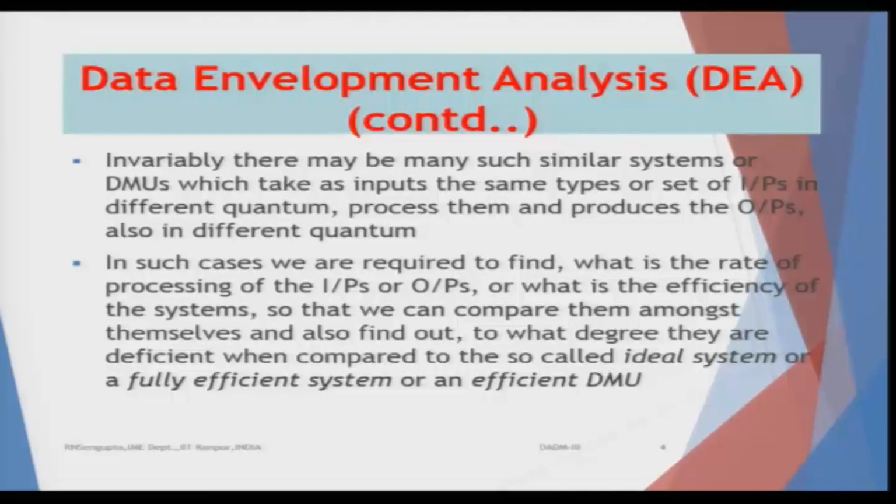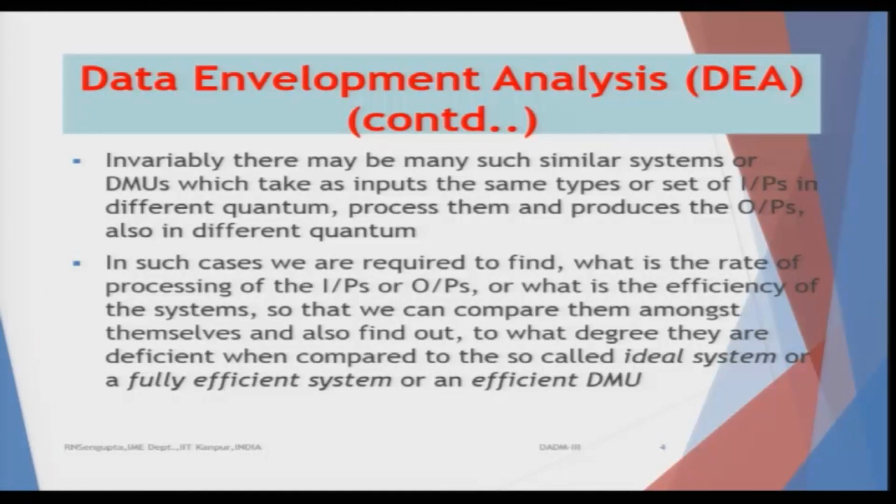So, invariably there may be many such similar systems or DMUs which take as input the same types of inputs in different quantities, process them, and produce the outputs also in different quantities. In such cases we are required to find out the rate of processing of these inputs to produce the outputs, or what is the efficiency of the system. Efficiency in general terms, we will use the very simple definition.